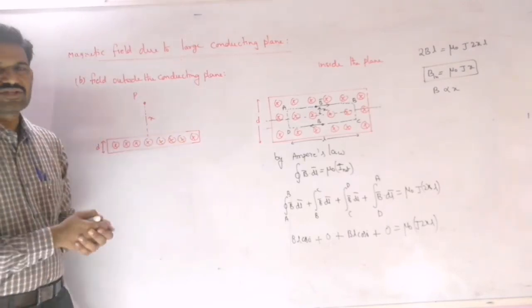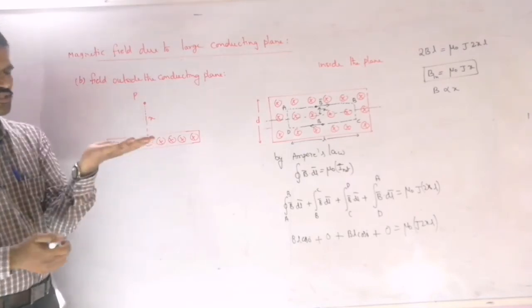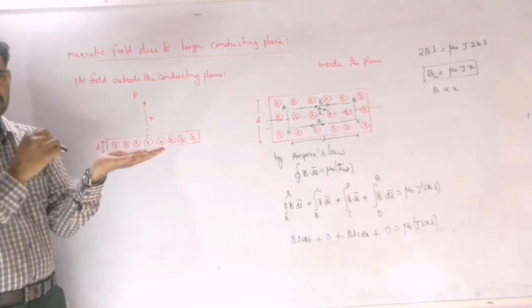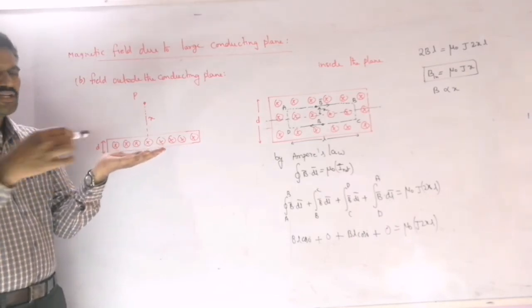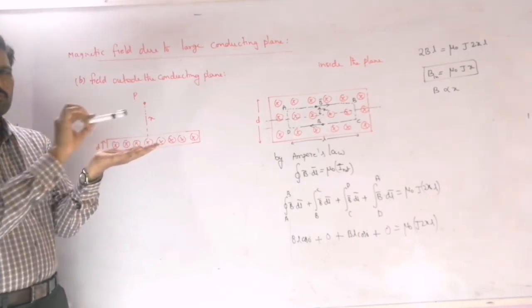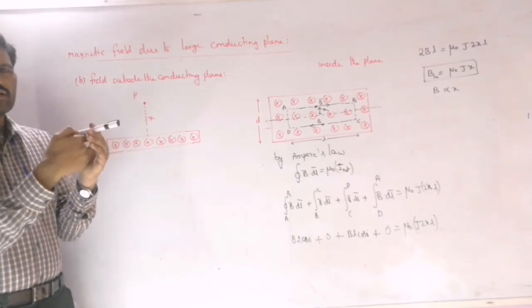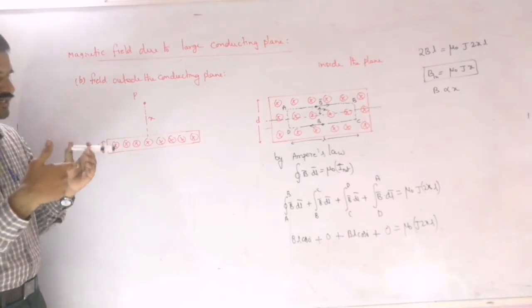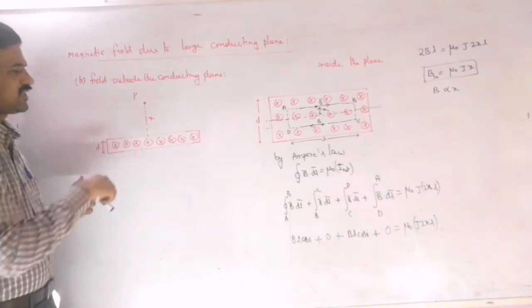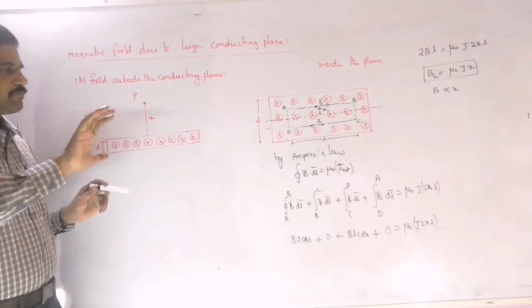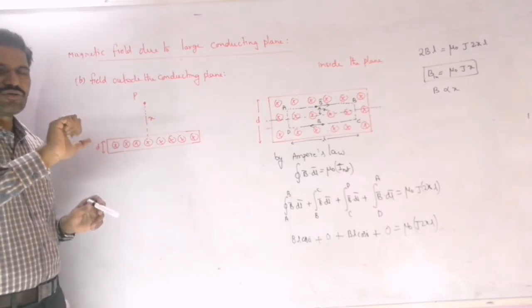We are assuming the plane sheet is like this, extending out of the plane to infinity. Now the current is flowing like this. The magnetic field will be perpendicular to the length of the plane, and it is also perpendicular to the direction of the current. Current is entering here. So the magnetic field will be perpendicular, or simply, it will be parallel to the plane or parallel to the width of the plane.